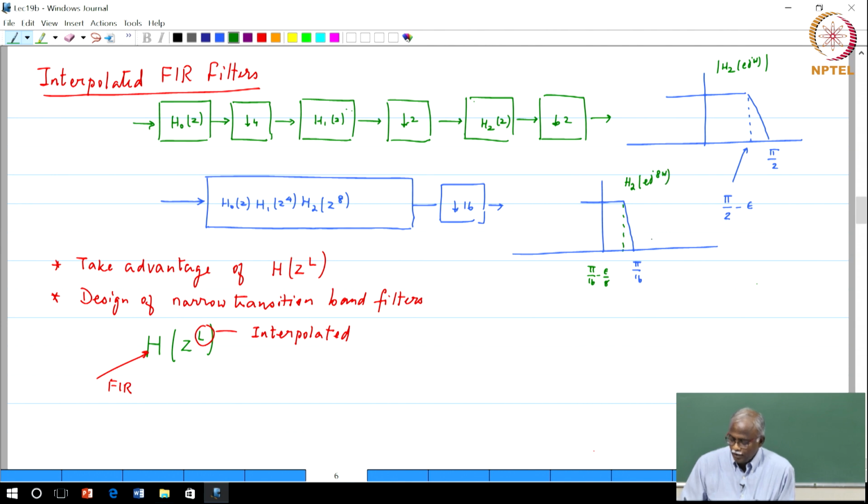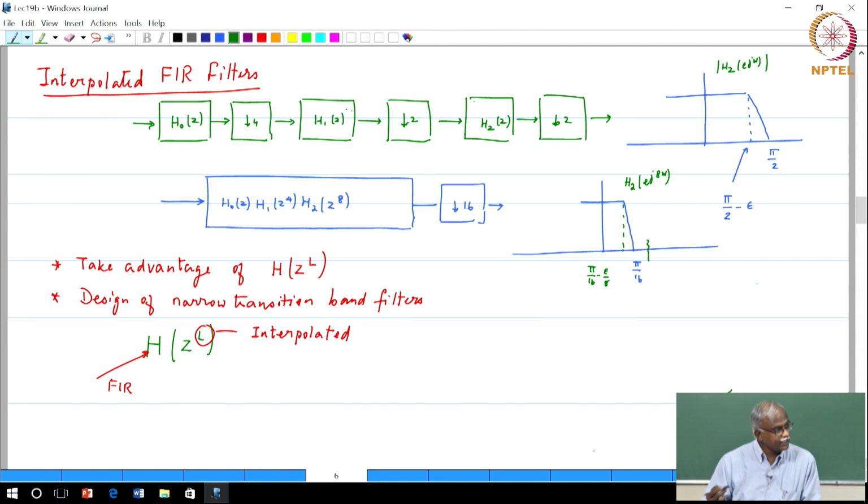I have shown only up to pi by 16, I have not shown the whole thing. So, what we find is that when we do this Z power L, where L is some integer, you find that the spectrum gets compressed, and that gives you an advantage because that also compresses the transition band.